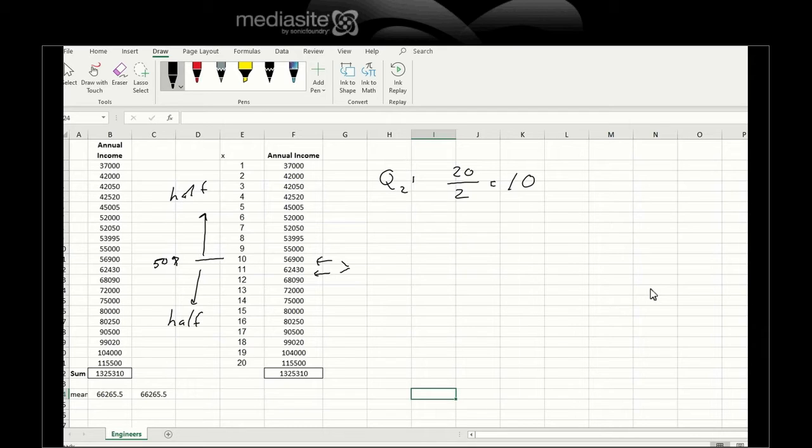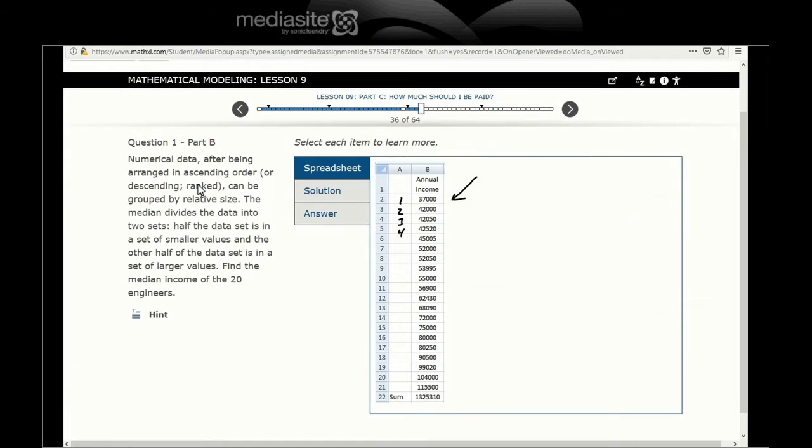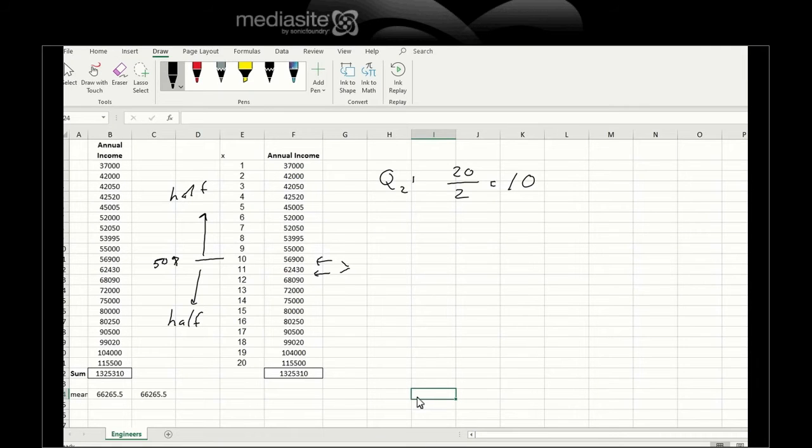So the median annual income is going to be basically the 10th position plus the 11th, divided by 2.